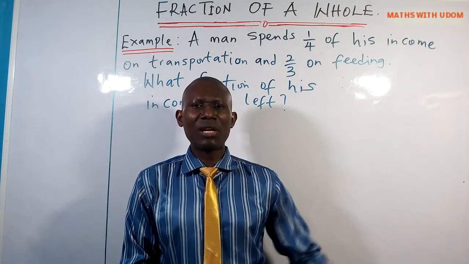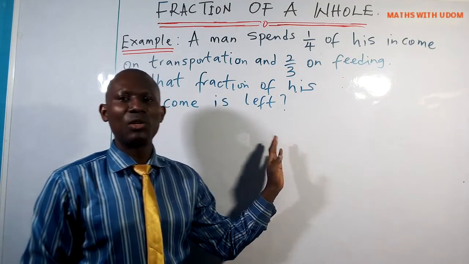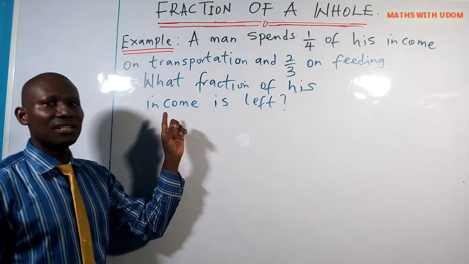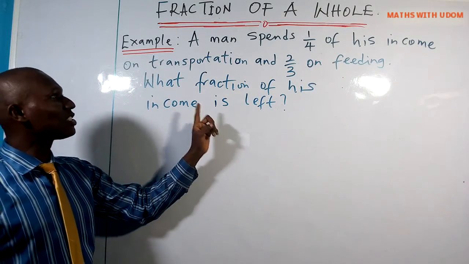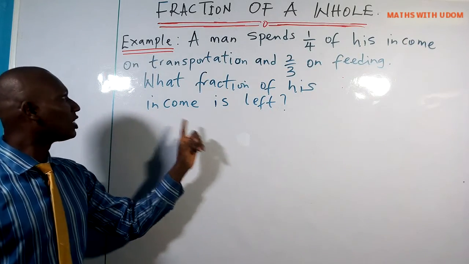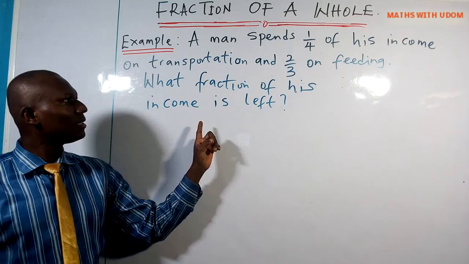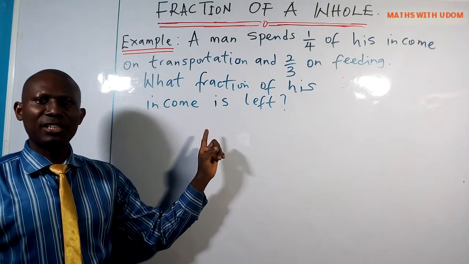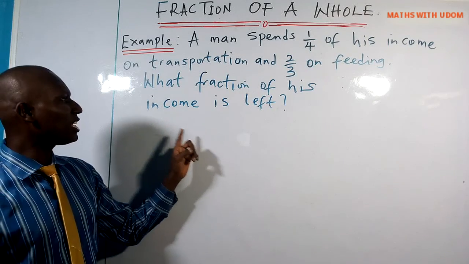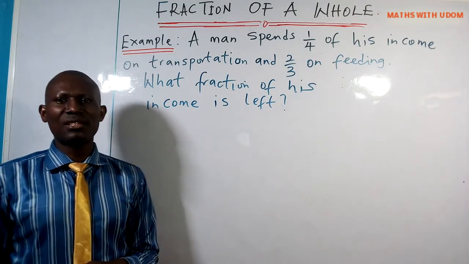Okay, now let's look at the example on the board to really understand this topic properly. The question says, a man spends 1/4 of his income on transportation and 2/3 on feeding. What fraction of his income is left?